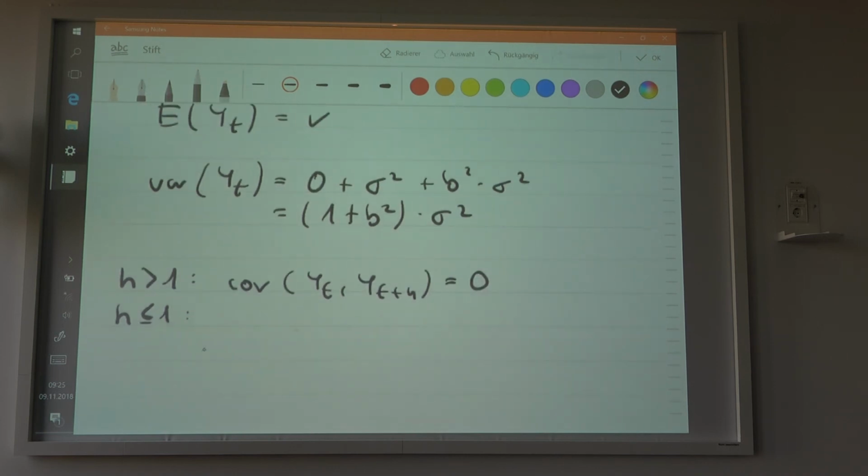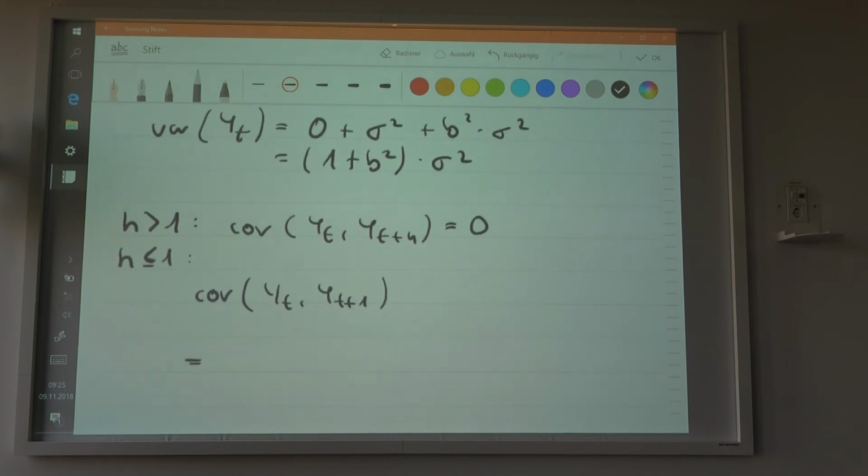Then the autocovariance of y_t and y_{t+1} is going to be equal to the covariance, and we can do it with the covariance of the noise.